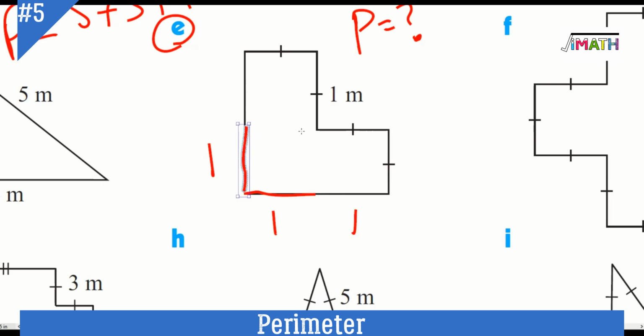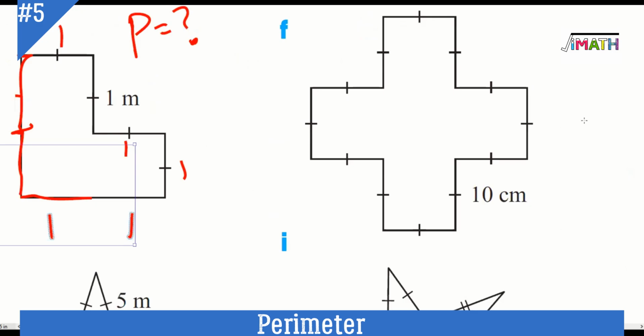And if this length is 1 meter that is given here, means that the parallel side to this one is also 1 meter. So it's going to be 1 1 1 1. Yeah, so many ones, right? Yes. So we know that all the sides add up to 1 plus 1, 2, 3, 4, 5, 6, 7.